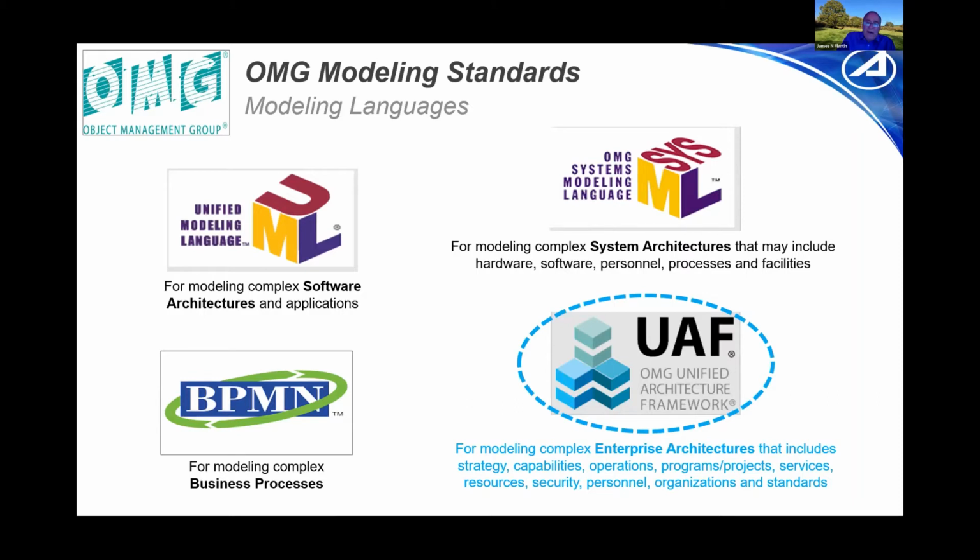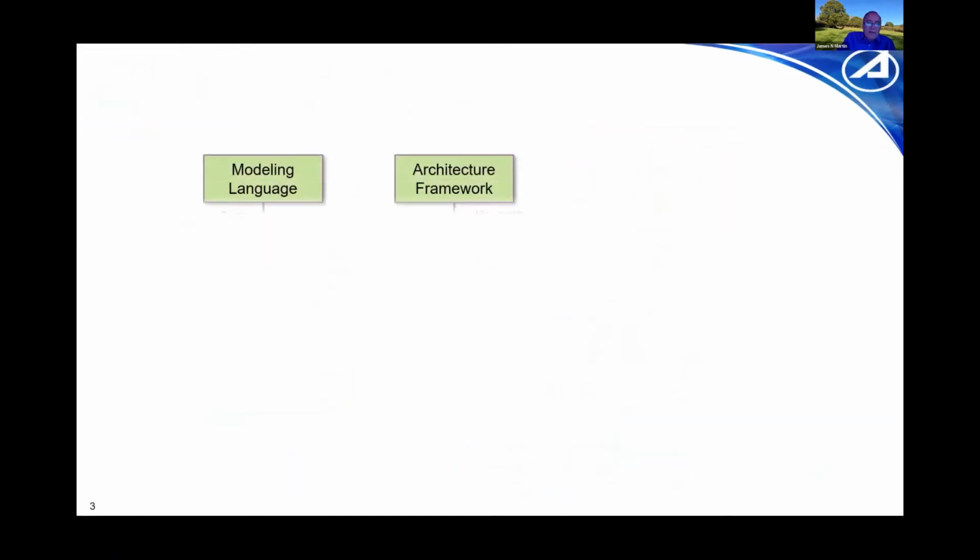But if you open up UAF, you may find probably most, if not all, of the extensions you might need for modeling those other things are already standardized. So might as well use the standards. A lot of people don't realize that this standard exists, and it's actually got a lot of things that could be useful, even for modeling a regular system, as I hope you'll see.